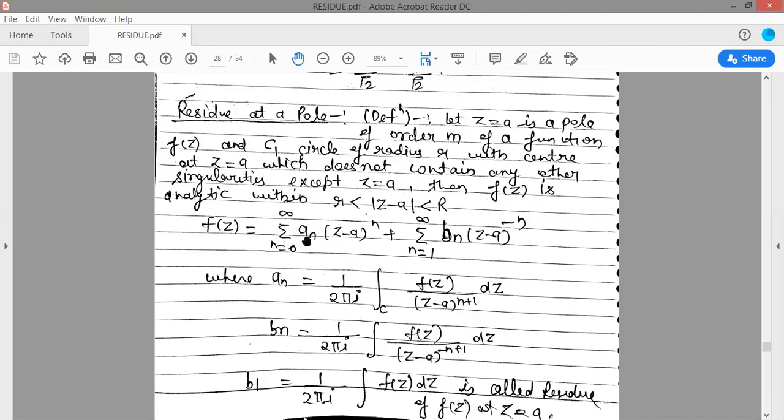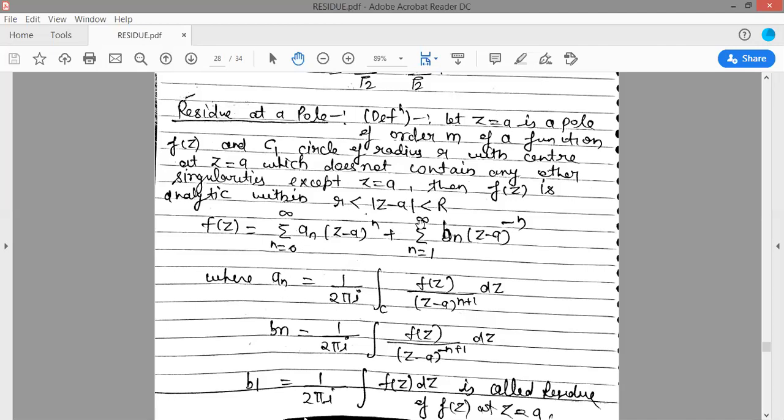Then f(z) is analytic within this circle, 0 less than mod of z minus a less than r. That means this is a circle of radius r with center at z equal to a, right?